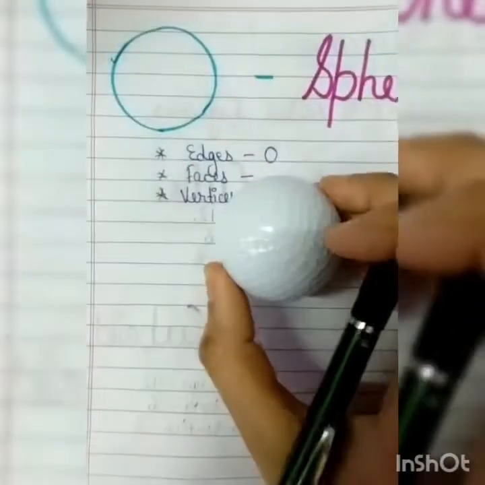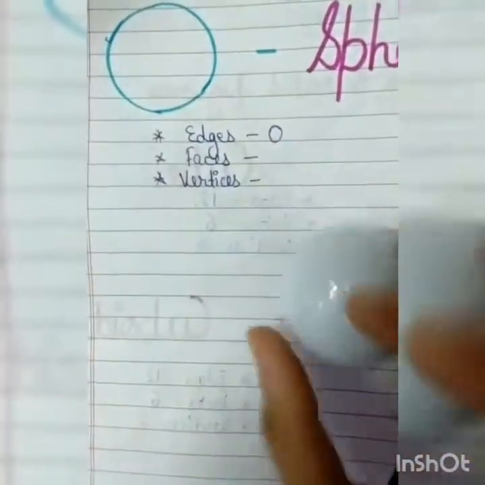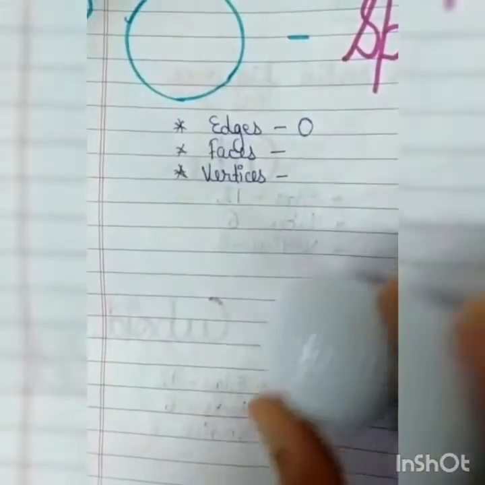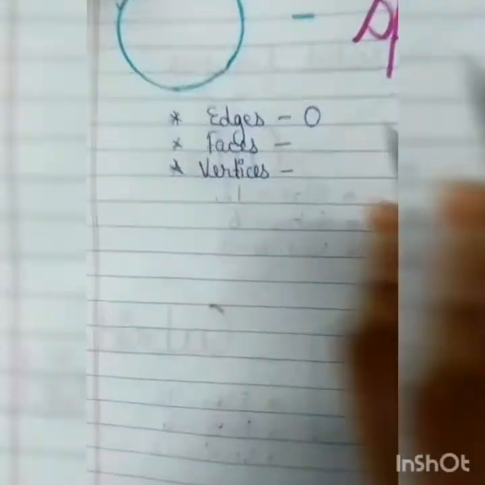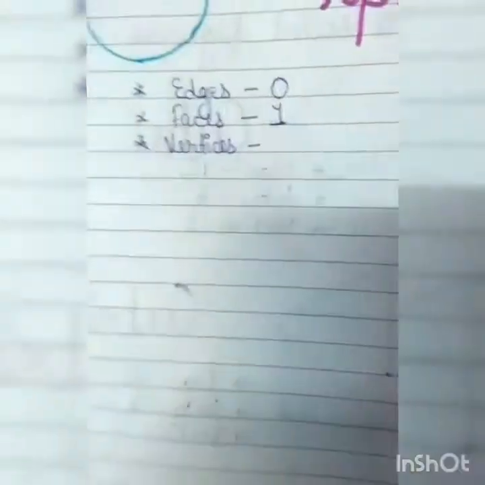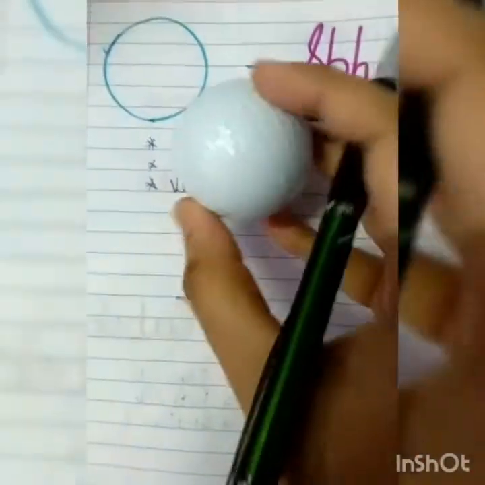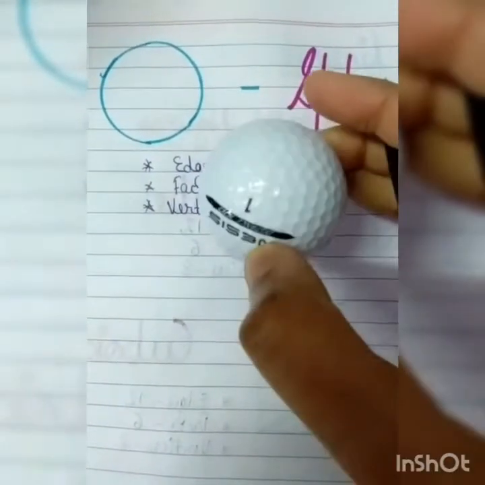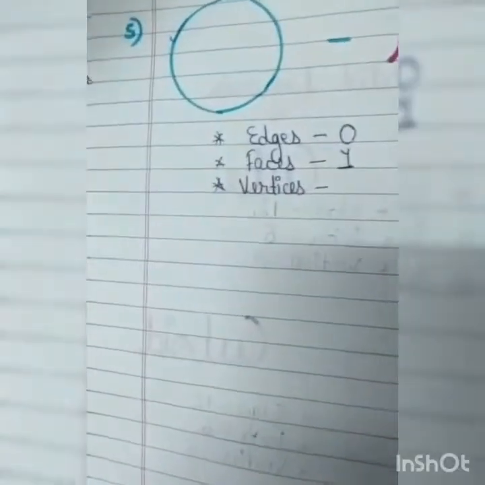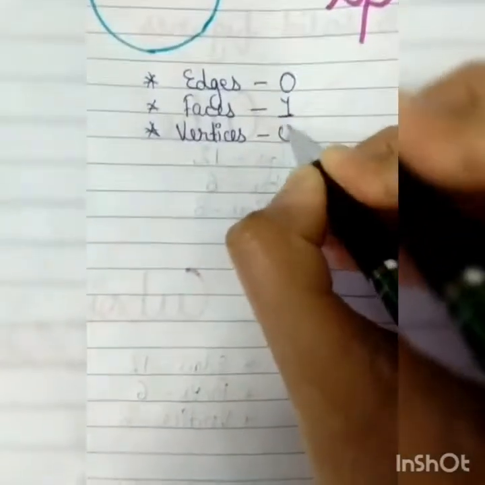Now faces. Yes, faces. 1 curved face. It has a round face, right students? So we are going to write 1 face. Now vertices. Do you see any joints in the sphere? No, right? So 0 vertices. So I hope you got it, students.